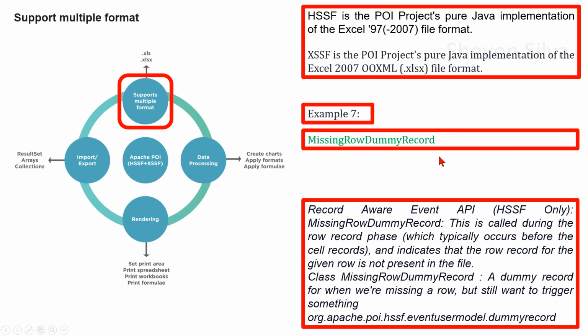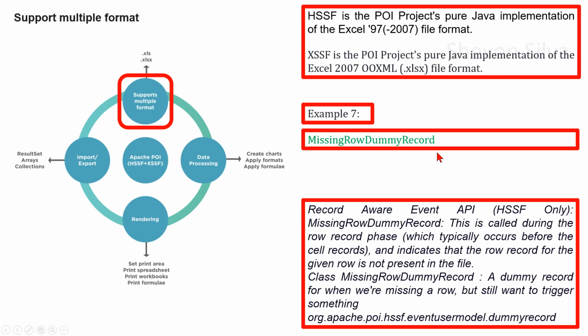Now we are considering MissingRowDummyRecord in the record aware event API, HSSF only. This is called during the row record phase, which typically occurs before the cell records, and indicates that the row record for the given row is not present in the file.